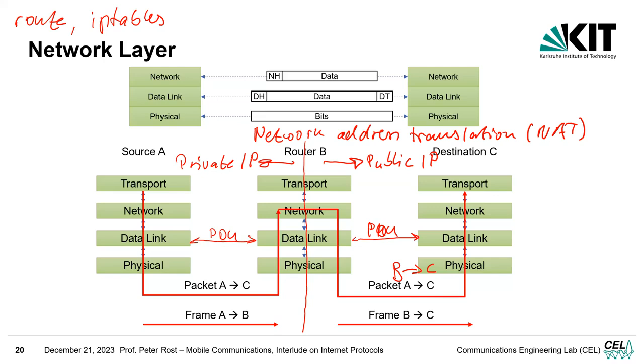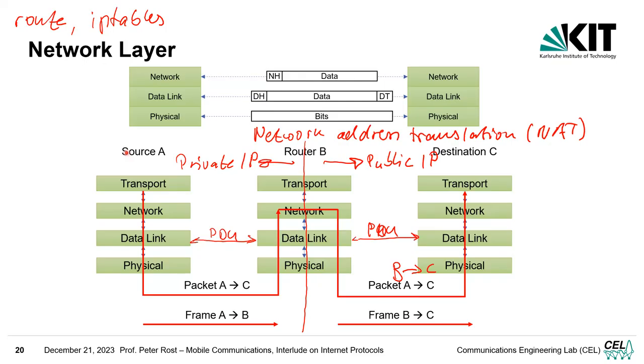On the other hand, it also means you will never be able to directly reach your private terminal here on the left side from the destination. So you will never be able to establish a connection from the destination towards the source because the destination doesn't have any information about the source. And that's this network address translation, which is used in all enterprises, also in mobile communication systems, also KIT.